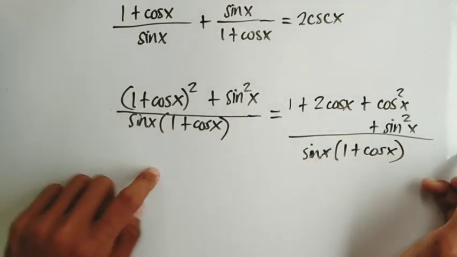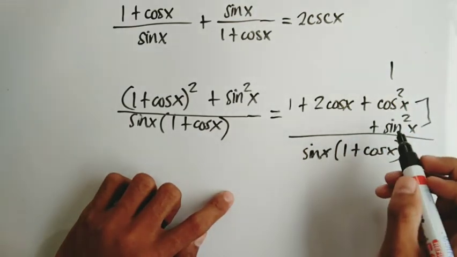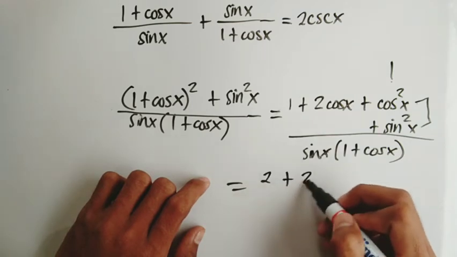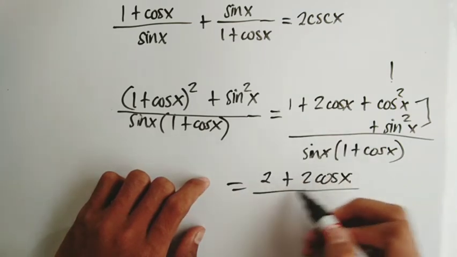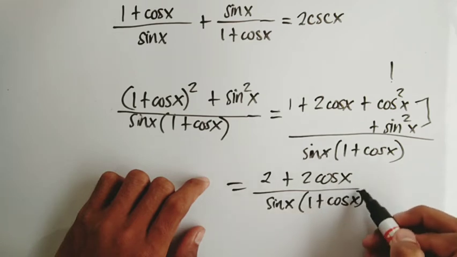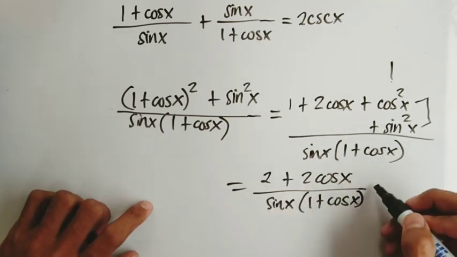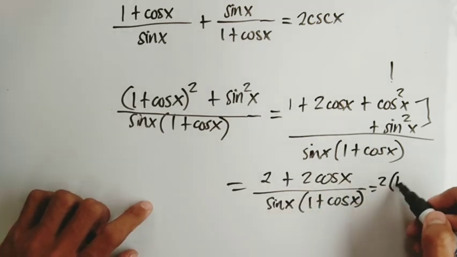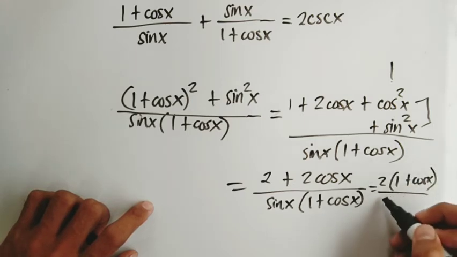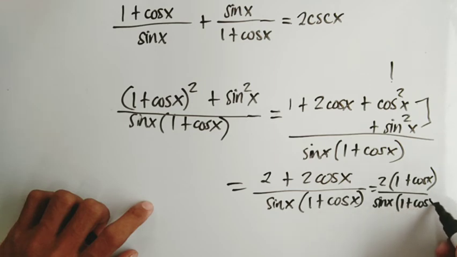Pasensya na yung sulat. So, eto. Di ba yung kanina to? That's equal to 1. Ayan. So next, direkta na natin, 1 plus 1, 2. So dito na tayo over sine x times 1 plus cosine x. Next, pwede pa natin to masimplify. Common nila is 2, so pwede natin ilabas si 2. Then magtitira is 1 plus cosine x over sine x times 1 plus cosine x.